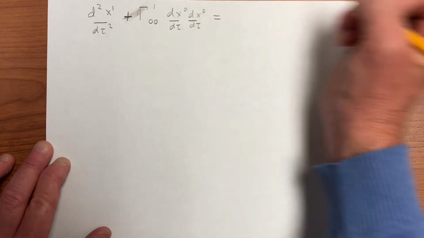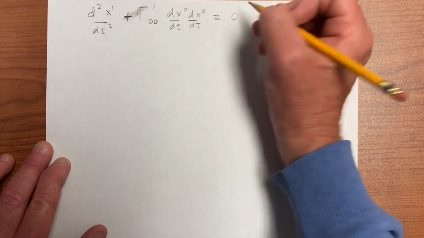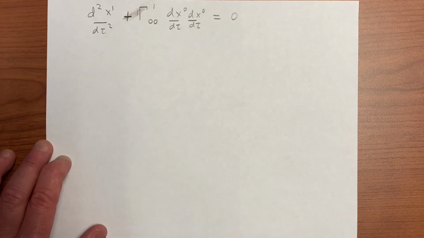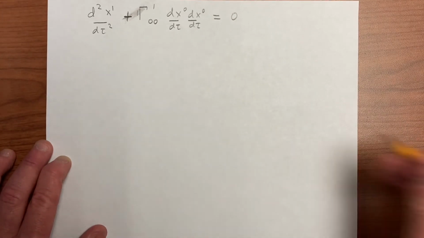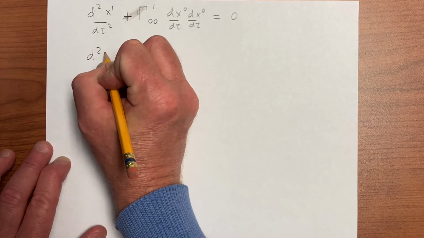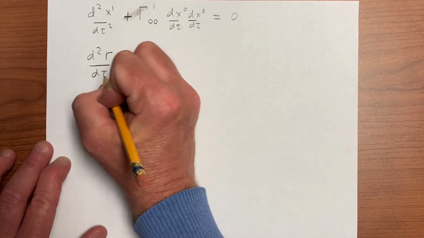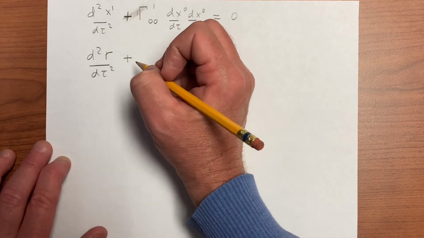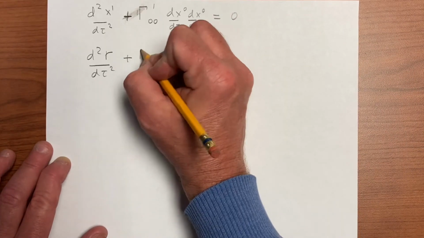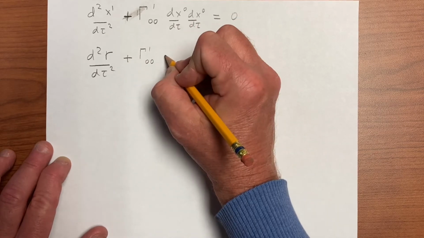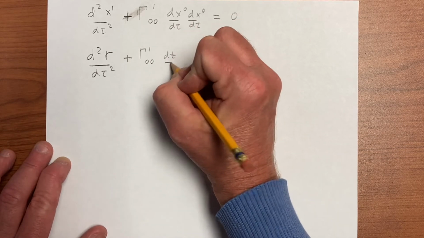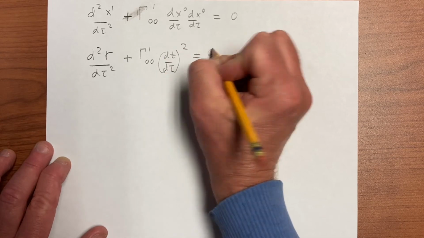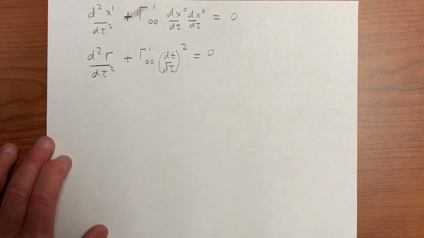This whole thing is equal to 0, but this is the only term that survives. So that looks like the second derivative of r in tau plus gamma 1, 0, 0 dt by d tau squared, and that's equal to 0. So we need gamma 1, 0, 0.